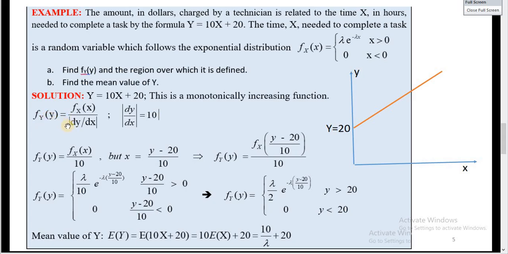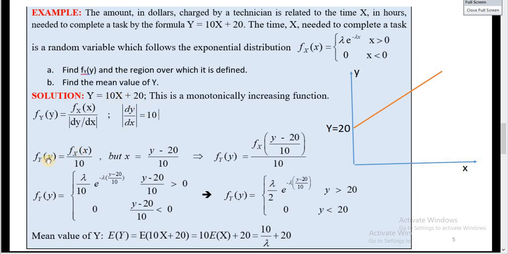If the function that undergoes the transformation is monotonically decreasing, then the derivative is negative. This means that f of y is negative. So we avoid this by taking the absolute value of dy by dx, and this ensures that f of y is positive. So the derivative dy by dx equals 10.